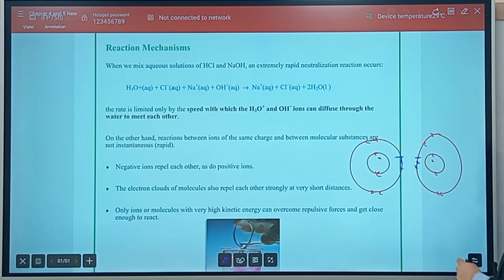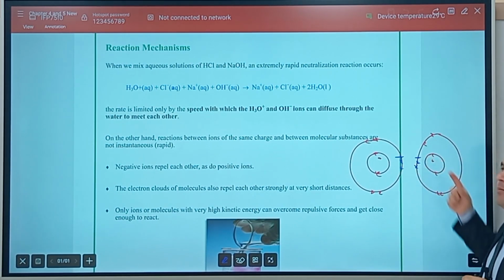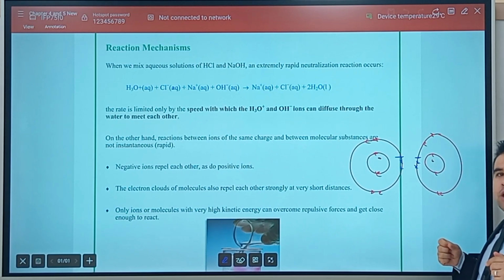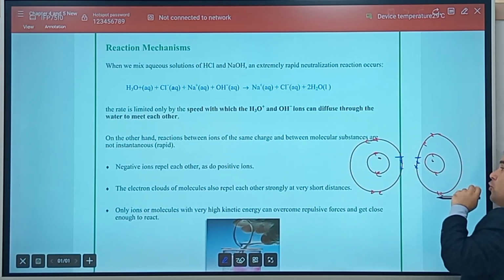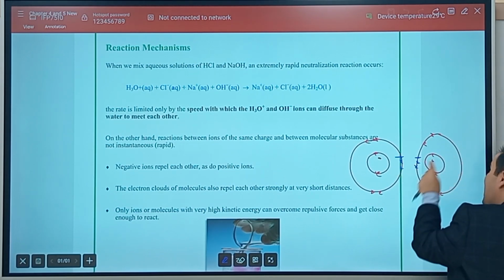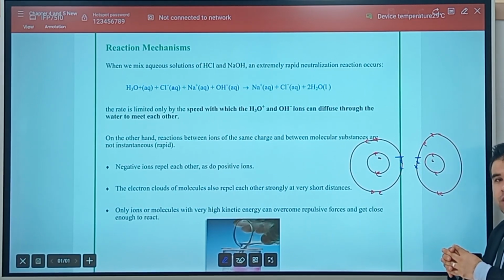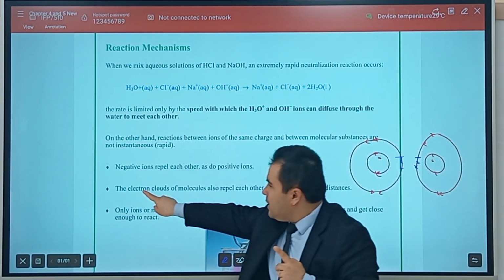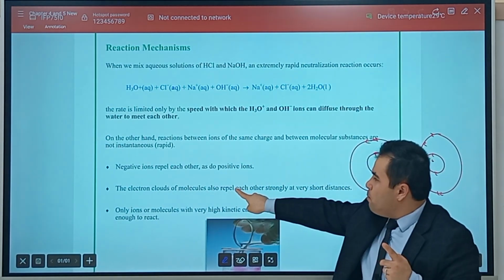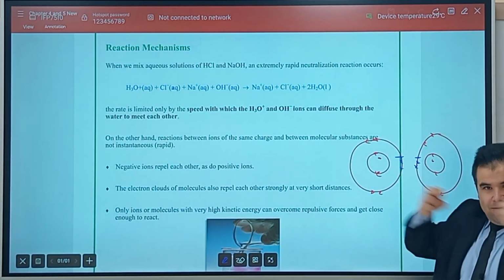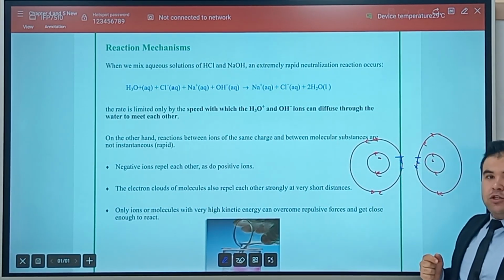We have to provide an amount of energy to overcome this repulsion. That amount of energy should be added for any reaction in order to proceed. We have to overcome the repulsion force in order to let the electron clouds form bonds, whether by sharing electrons or by transferring electrons permanently. That's why we said the electron clouds of molecules also repel each other, because they both carry electrons.